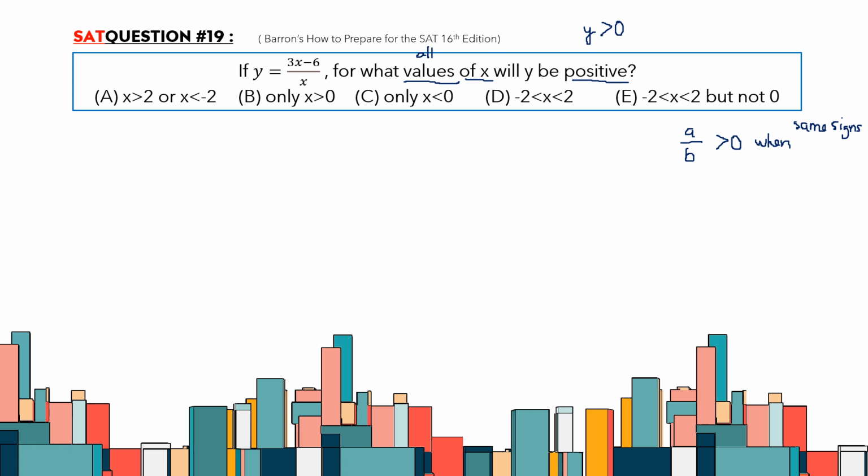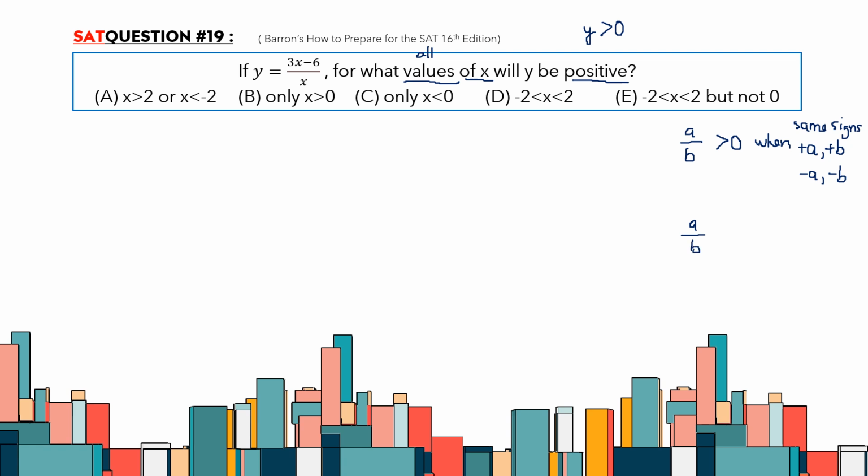If a is positive, b is positive. If a is negative, b is negative. As long as a and b have the same sign, both negative or both positive.